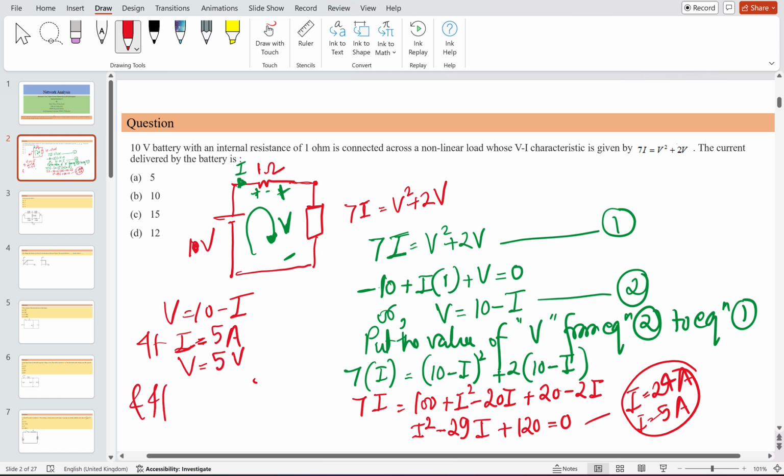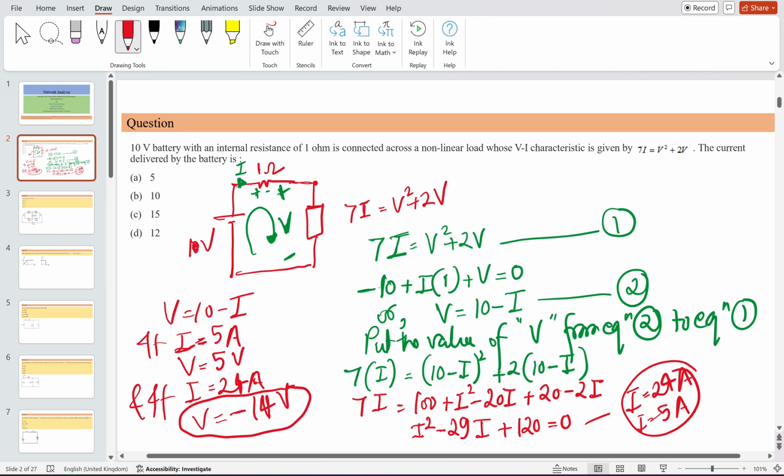And if I is equal to 24 amps, V will come out to be 10 minus 24, that is minus 14 volts. But in the question, it is already said that it is a load. It will take the current; it will not deliver. It is not a source. It will consume. So the minus 14 will not come into the picture.